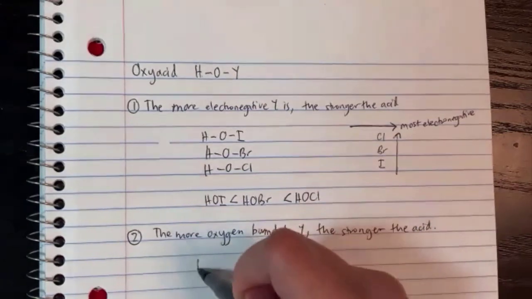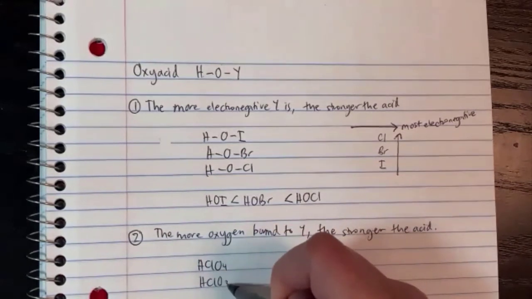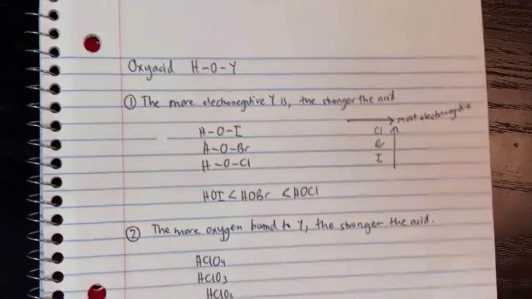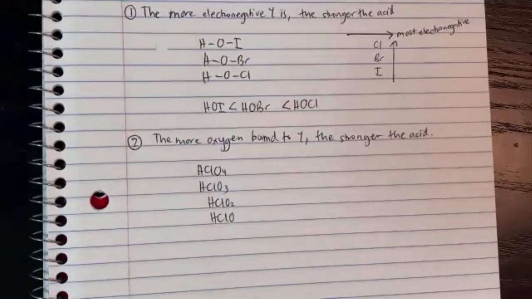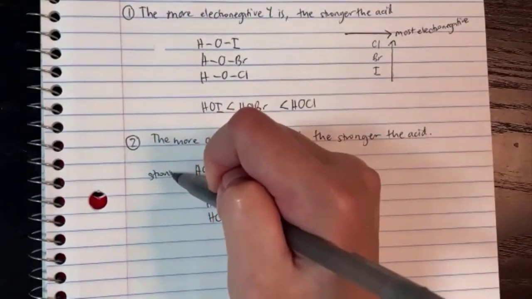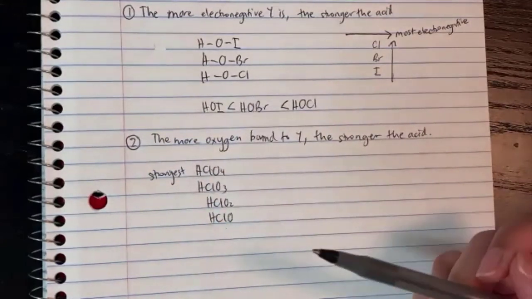So in this case, if you have HClO4 versus HClO3, HClO2, and HClO, this one is the strongest because it has 4 oxygens. Everybody has the same Cl, so it's the same electronegativity.